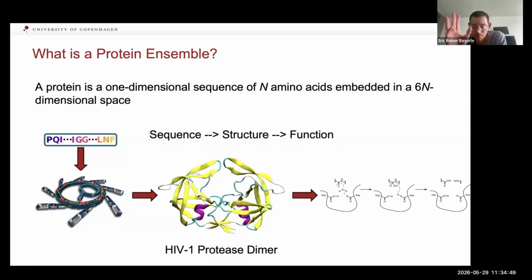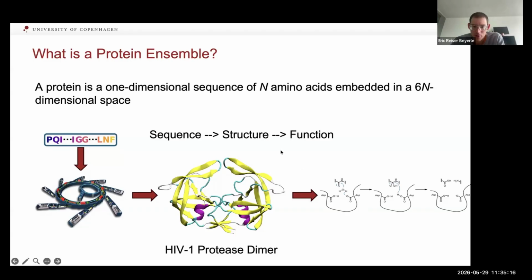All the proteins encoded in HIV's genome are expressed as a single long protein, and this HIV protease is an aspartyl protease that cleaves what's called the Gag polyprotein into all the functional elements of the HIV proteome. There's a catalytic site here, and it breaks peptide bonds using this catalytic mechanism.